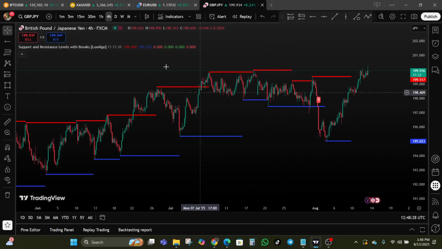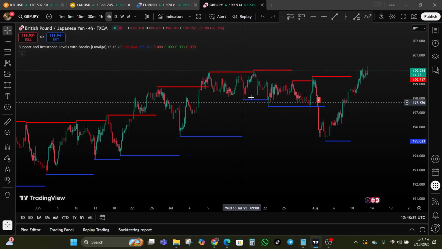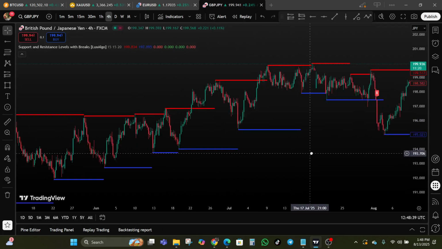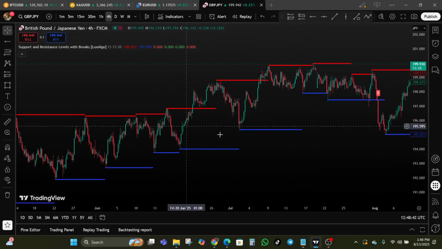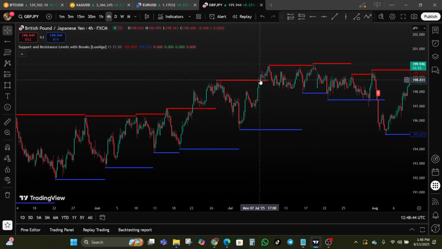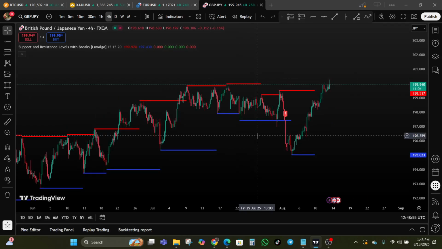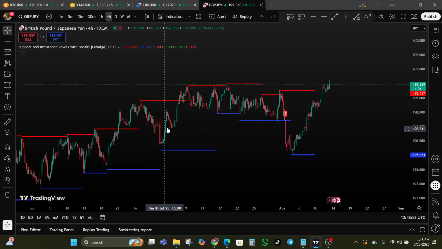You can see how it maps out swing highs and swing lows automatically for you. Support levels are areas where price tends to bounce up from, while resistance levels are levels where price often reverses downward. So instead of manually spotting these zones, Lux Algo scans the market and plots them instantly, saving time and improving accuracy. However, if you notice, it is broken lines used to spot highs and lows.